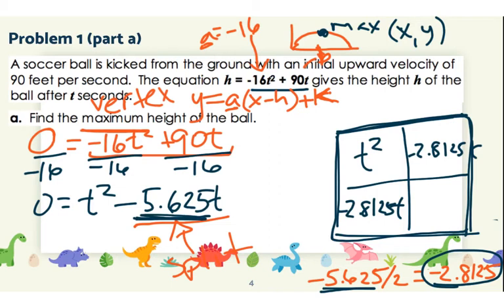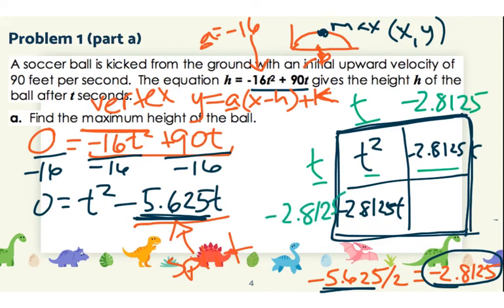All right, so now let's complete this square. So I've got t times t gives me t squared. T times negative 2.8125 gives me that. And this t times another negative 2.8125 gives me this. Okay, so now if I do negative 2.8125 times negative 2.8125, I get a positive.